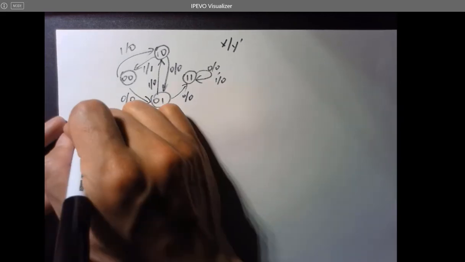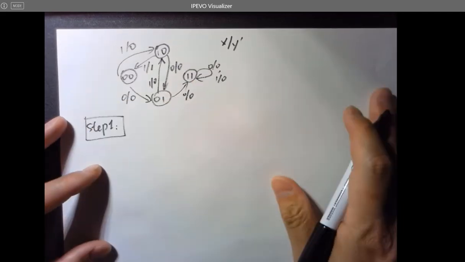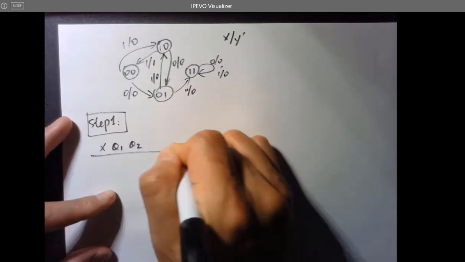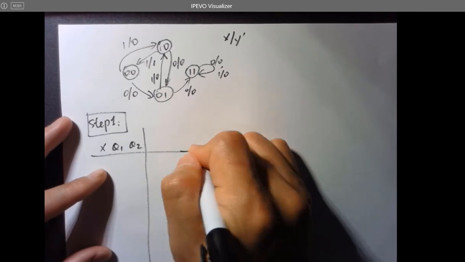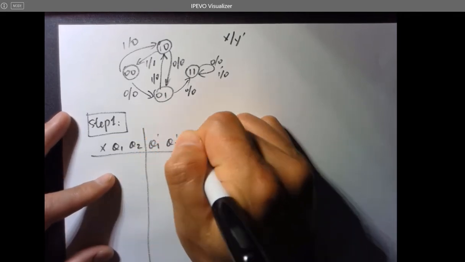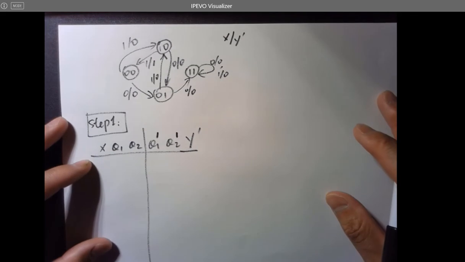So step 1. Still a truth table: X, Q1, Q2. It doesn't matter whether it's Mealy or Moore, it's pretty simple always: Q1 prime, Q2 prime, Y prime. Why do we care about Y prime?